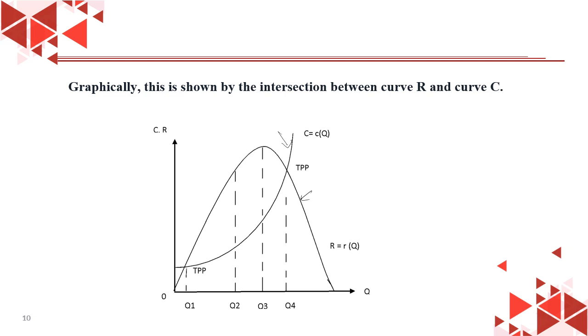Now if they cross each other, there are 2 points over here, at Q1 and at Q4. At Q1 you see the cost is over here and the revenue also here. So actually in one axis you can mention both the cost and the revenue, because they have the same unit, which is a monetary unit.